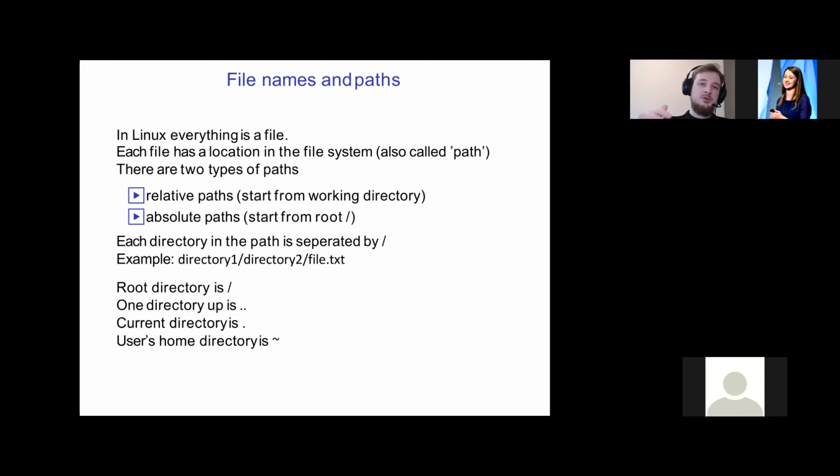And the user's home directory is the tilde sign. Another way to look at it is, if we have the root directory, it's usually root, home, and for example, Rihards. That will be my home directory, and everything else that I'm working on is probably based out of that home directory.